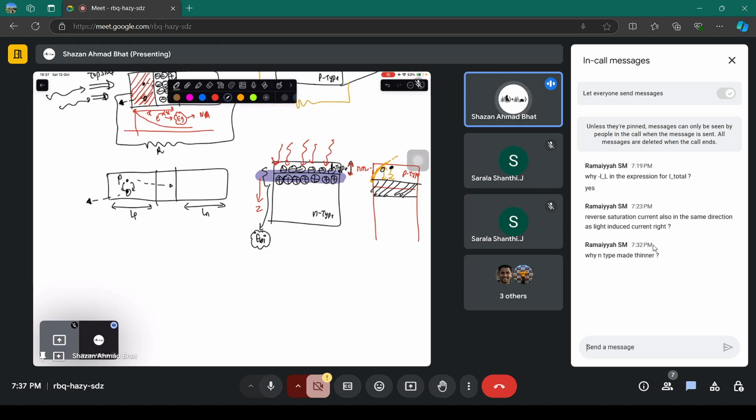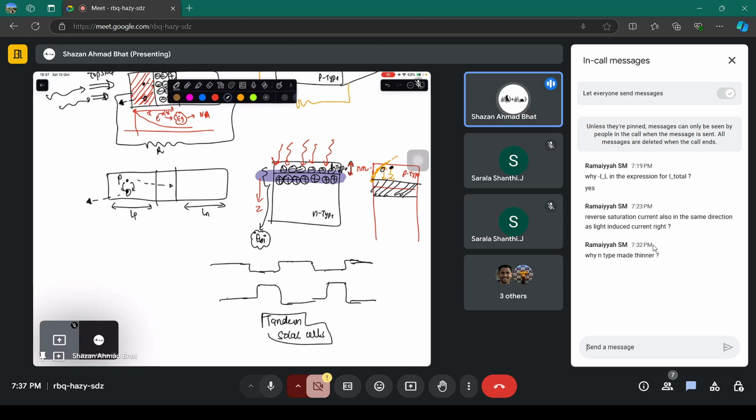Nowadays, what people do is use multiple layers of different materials with different band gaps, something called tandem solar cells, which you might have heard of. You will have a structure like this.